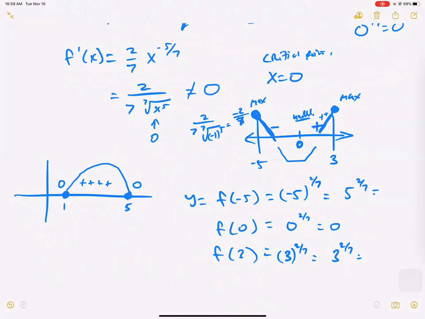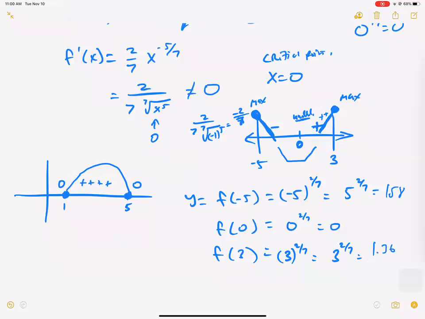So 5 to the exponent 2 over 7 is 1.58. 3 to the exponent 2 over 7 is 1.36.